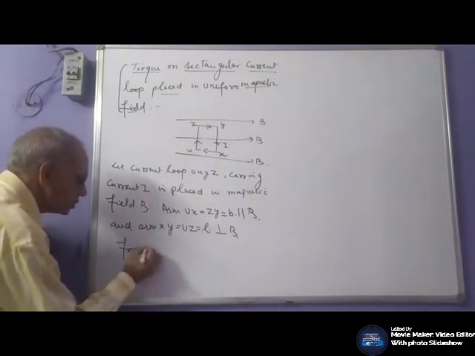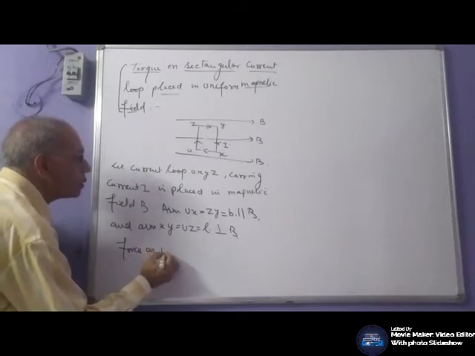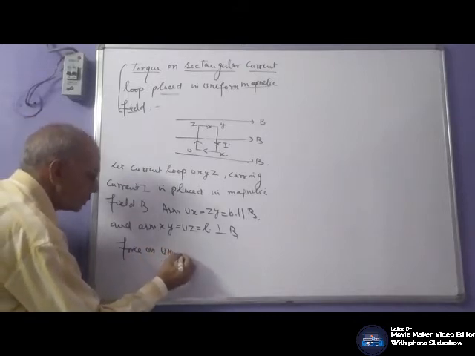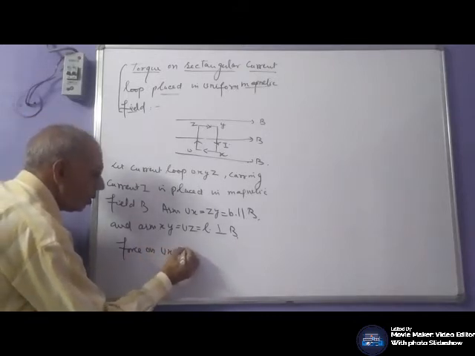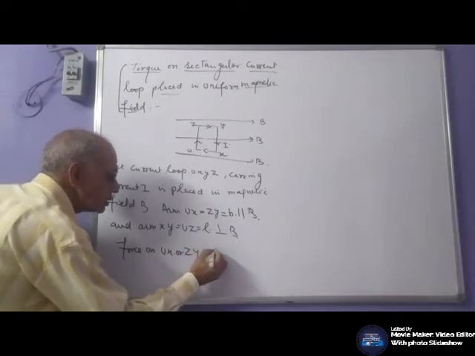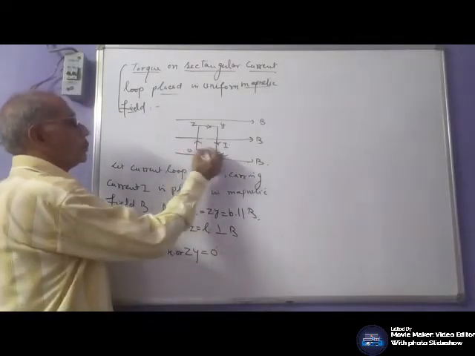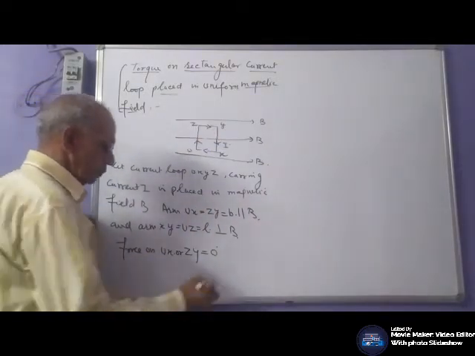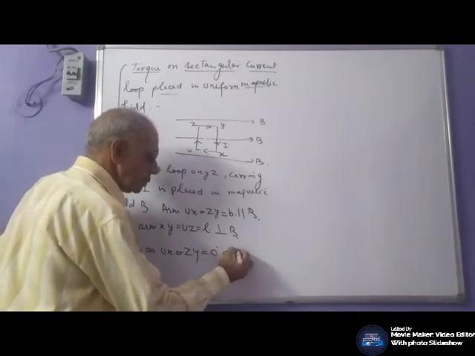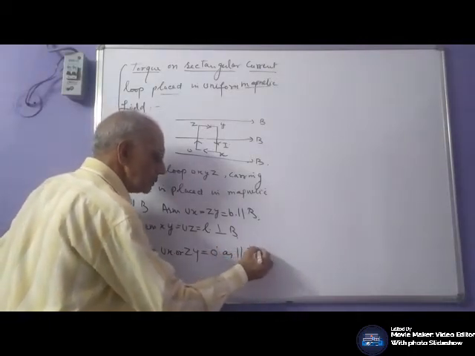Force on UX or ZY is 0. Why? As they are parallel to B.